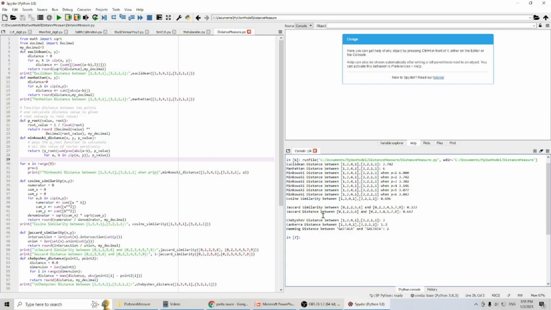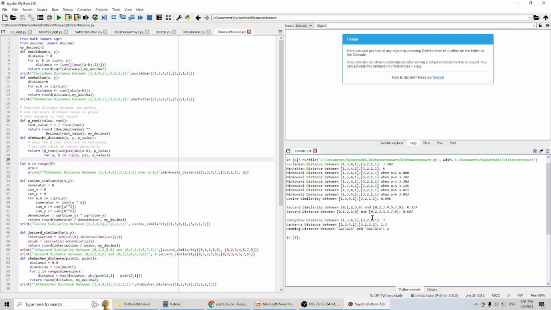And then I calculated the Jaccard similarity and Jaccard distance. As I mentioned before, Jaccard distance equals 1 minus Jaccard similarity. So let's take a look at this example. In this example, we have 0 in common, 2 in common, and 5 in common. So we have overlap of 3.